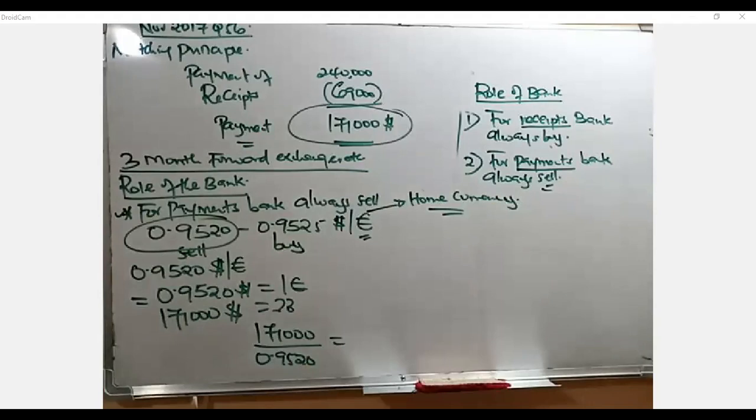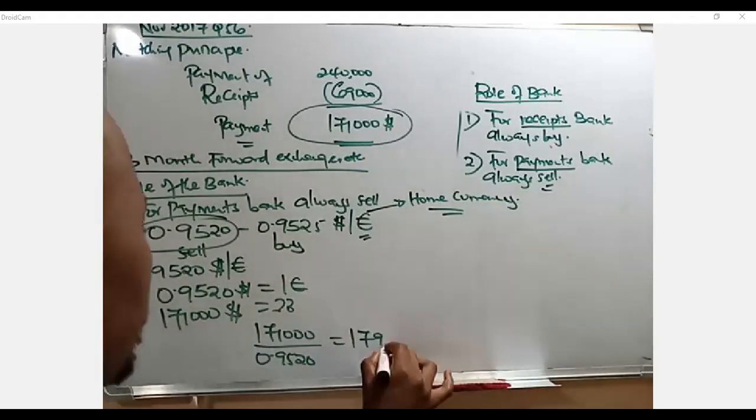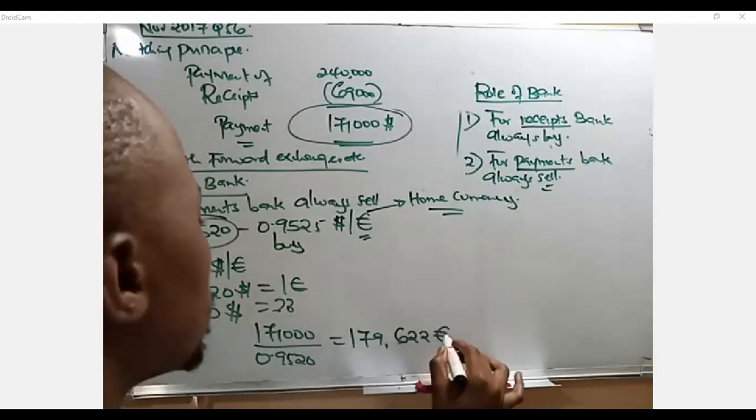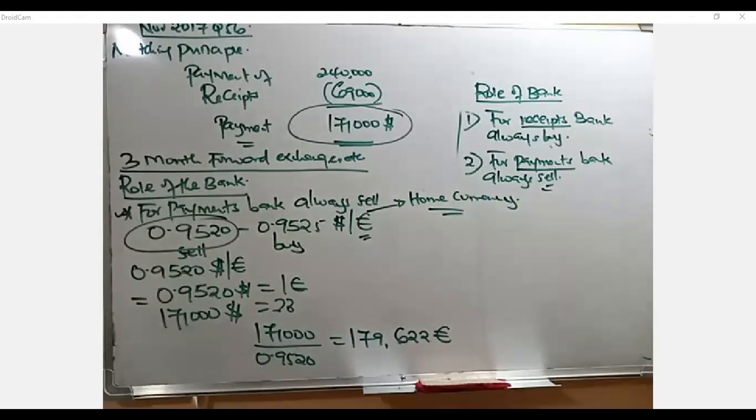Who can give us our answer today? 171,000, you divide by 0.9520. We are getting 179,622 euros. Any question?